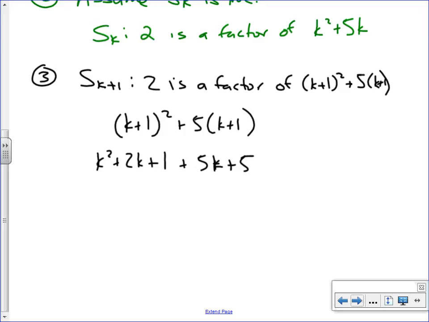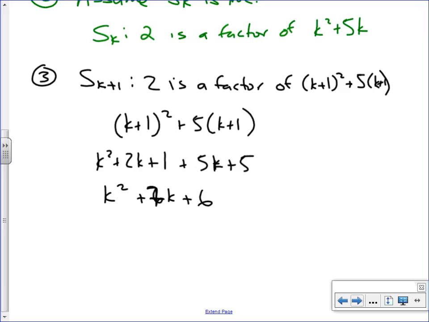Now, this is k squared plus 7k plus 6. Let me show you this little thing. So you've got (k plus 1)(k plus 6), but we can't show that 2 is a factor of either of those. So here's the trick part. Here's what you do.